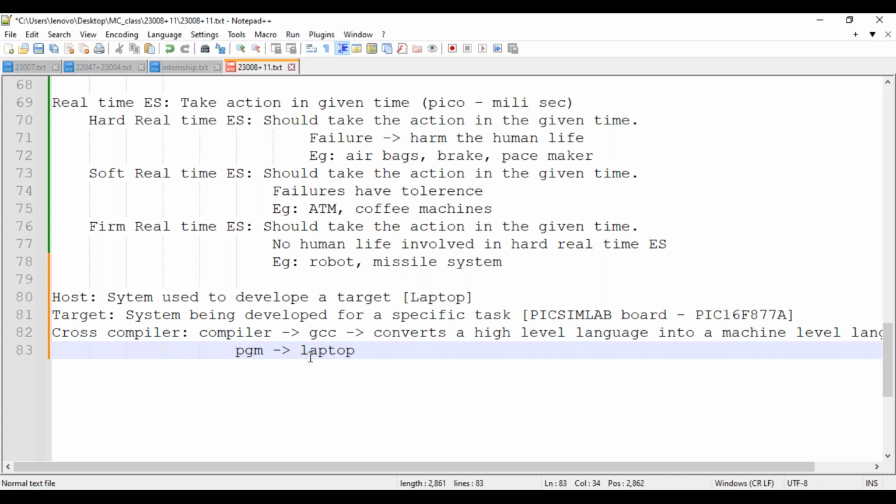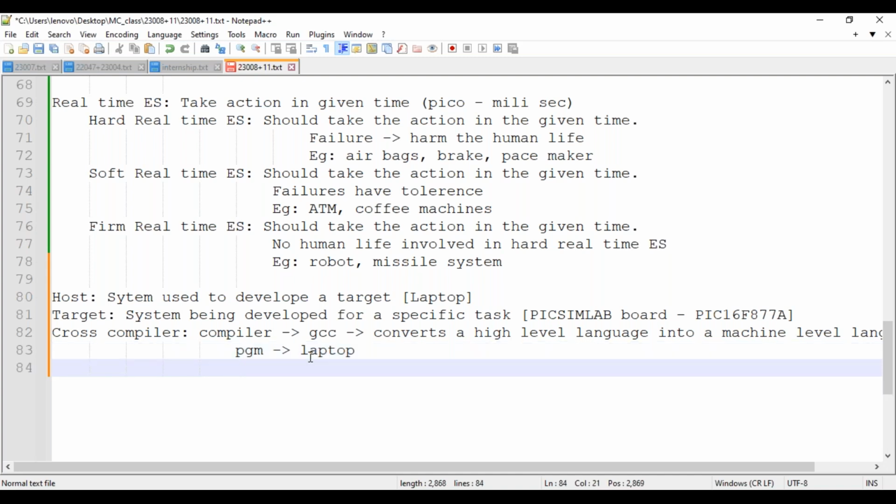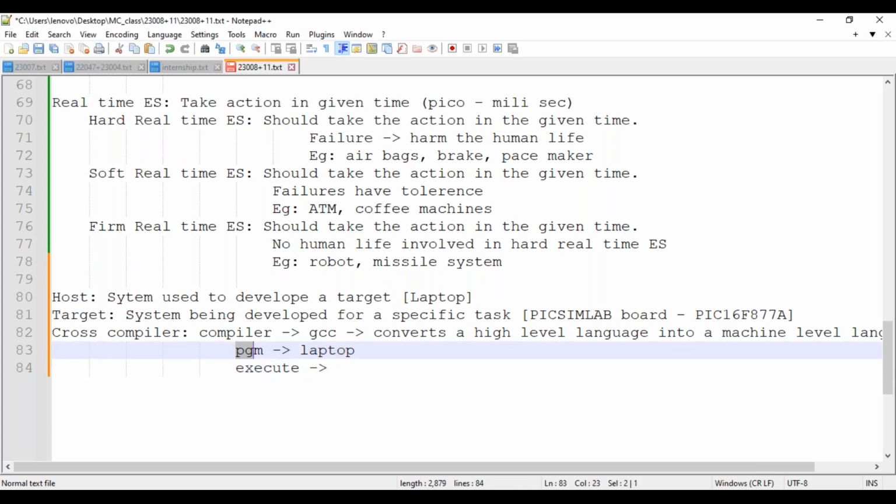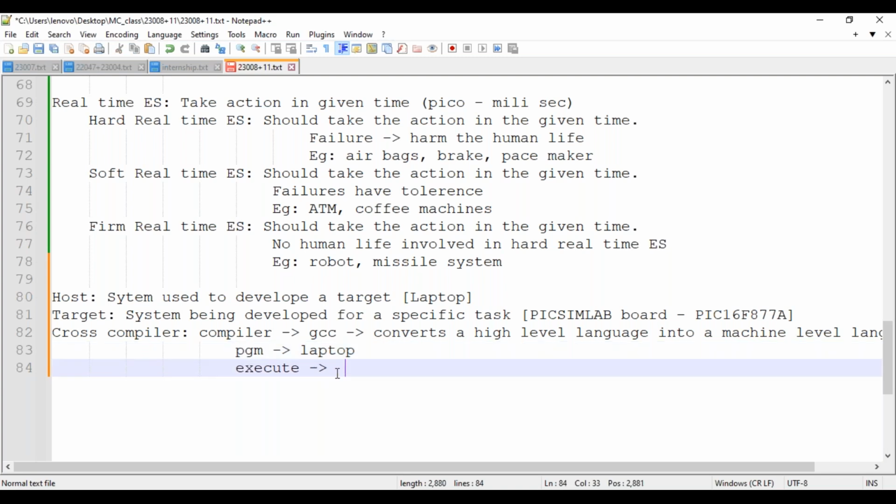So I'm going to make use of my laptop to write my program. But where am I executing the program? I'm going to execute it on my microcontroller, which is available on your PICSIMLab board, which is your target.